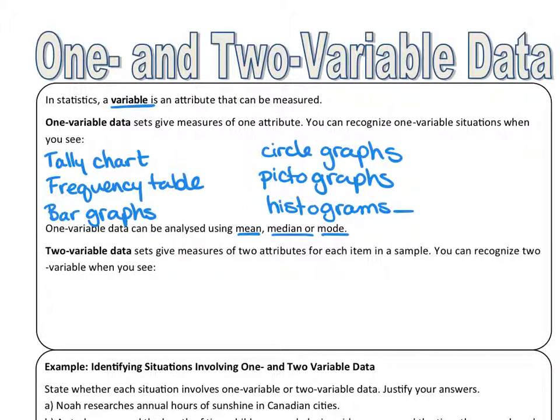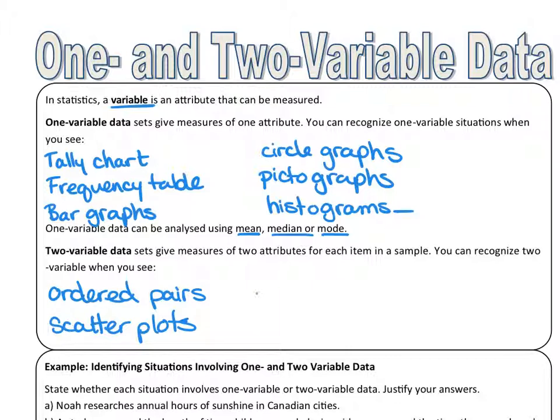Two variable data are sets that give measures of two attributes for each item in a sample. And you can recognize two variable data when you see ordered pairs, scatter plots, and we'll go over those later in this week, or a two column table of values where it measures two different things.